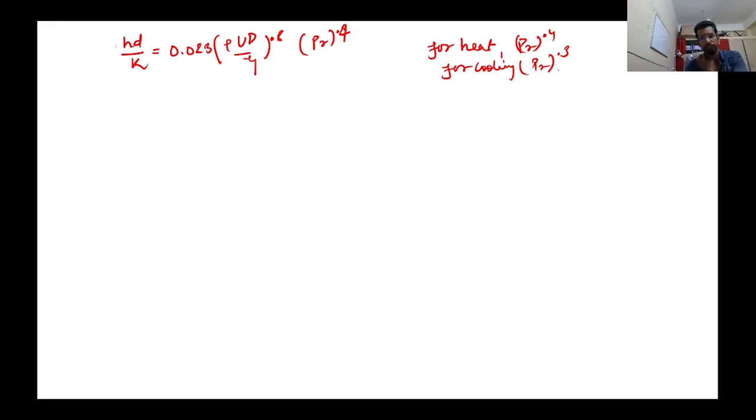Generally we use 0.4 for heating. So now just rearrange this. That's all.